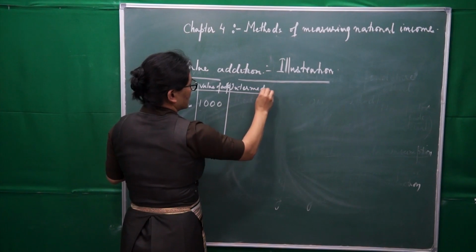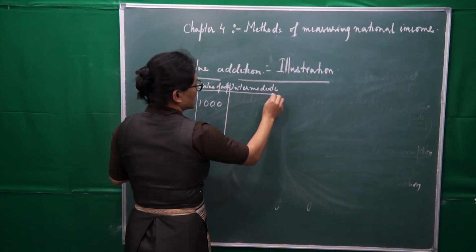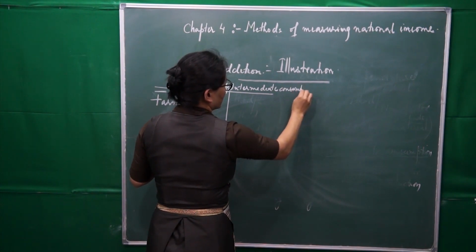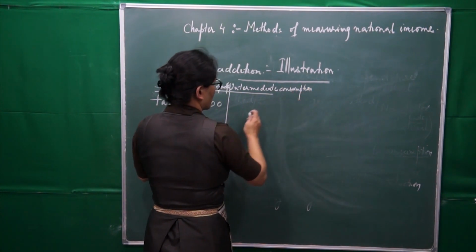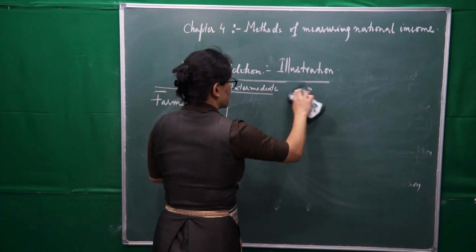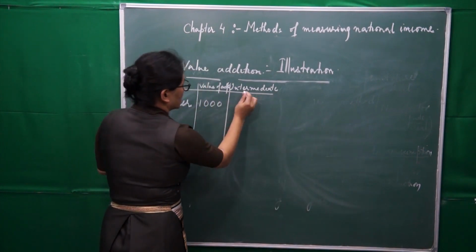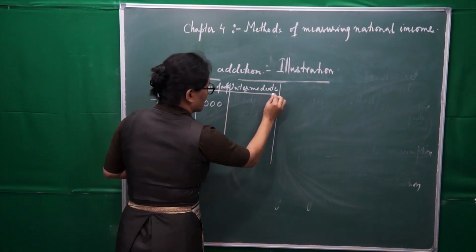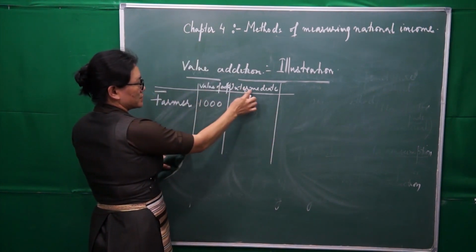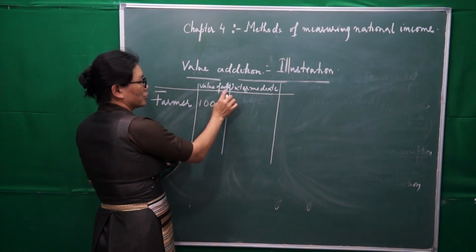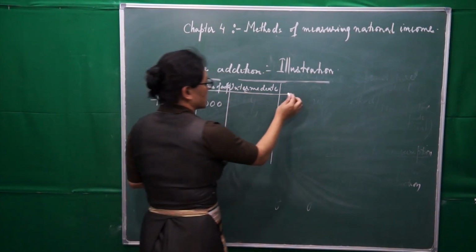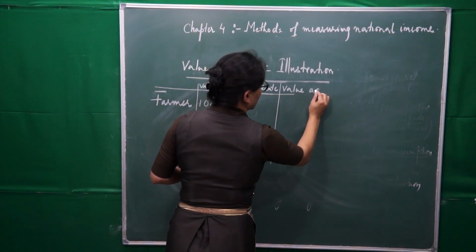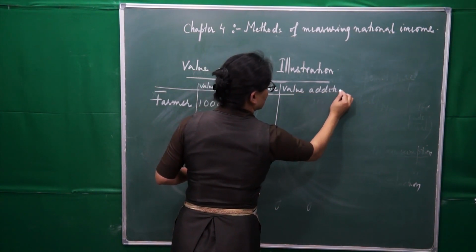Next one will be intermediate consumption. I'll do it like this. And the difference between these two, value of output minus intermediate consumption, will give value addition. Right?